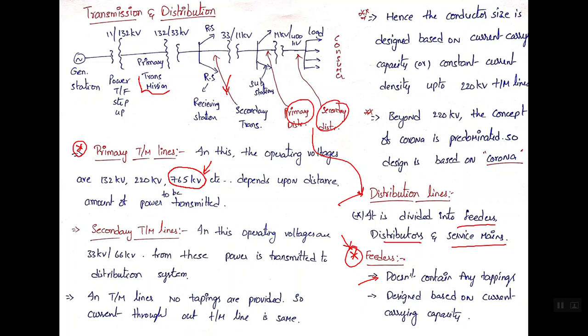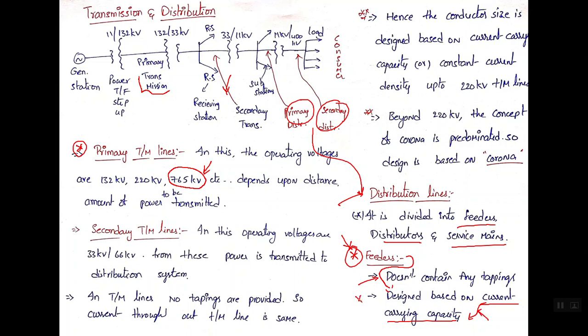Why? Because these are designed based on current carrying capacity. The current is the same in the case of feeders, so we do not provide any tappings, in order to maintain the constant current.